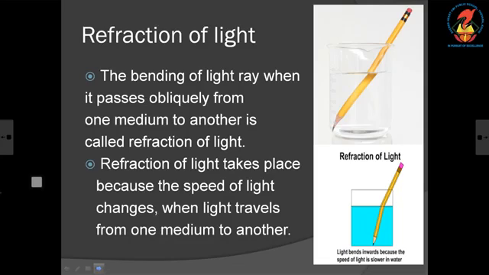Refraction means it's a bending of light ray when light travels from one medium to another. When light travels from one medium to another, the light ray will suffer a deviation from its original path. As we know, light travels in a straight line.